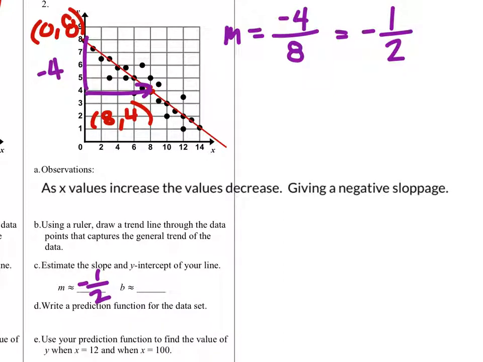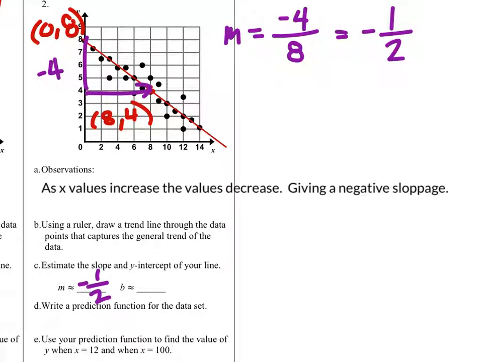Negative 2/5. It should be negative though. But negative 1/2 is what I got. So again, your answers may be different. Yeah, because you might have a different. What you can't have is something like negative 3. That's too steep. You can't have negative 1 because again, still too steep. And you can't have something like negative 1/10. That's not steep enough.